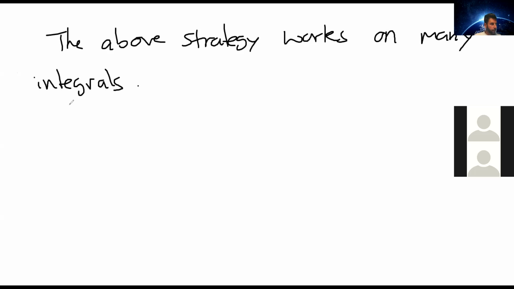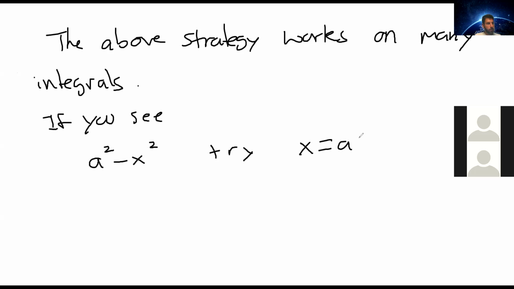If you see something like a squared minus x squared, try exactly what we just did. Try x equals a sine of theta. If you see a squared plus x squared, you should try x equals a tangent of theta.